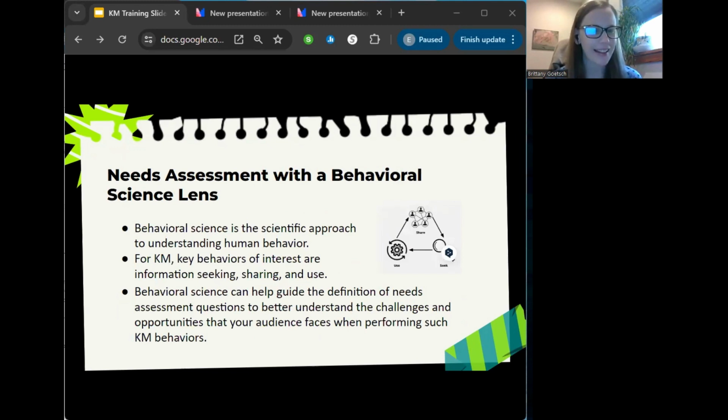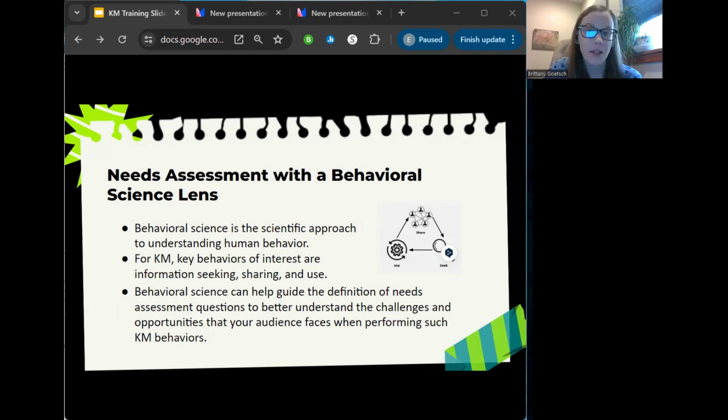And a needs assessment with a behavioral science lens is also a valuable tool as well. So behavioral science is a scientific approach to understanding human behavior through both observation and experimentation. And for KM, key behaviors of interest are information seeking, sharing, and use. So behavioral science can be used to make knowledge management more effective, because knowledge management also involves encouraging people to perform certain behaviors.